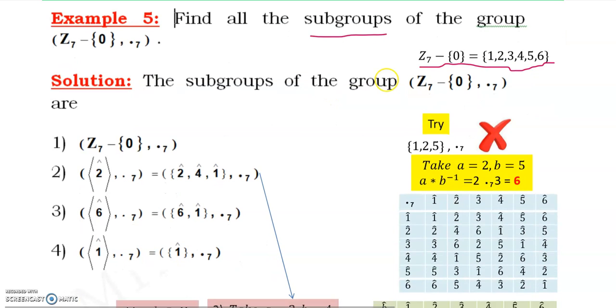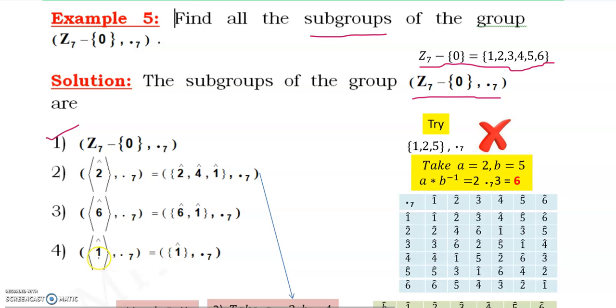Now we know that already this is a group. To write all the subgroups, first you write Z7 minus 0 comma multiplication modulo 7, because each and every set is a subset of itself, so this Z7 minus 0 is a subgroup. And here the identity element of this group, you know that is 1, because this is multiplication modulo 7.